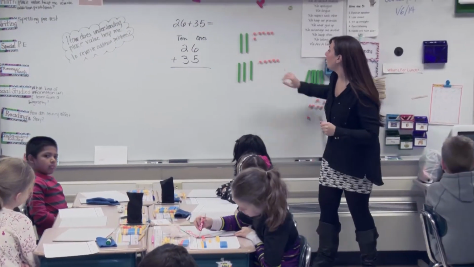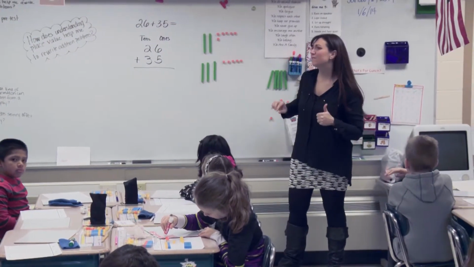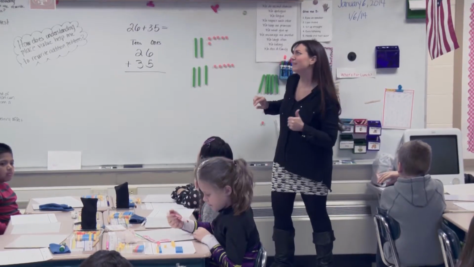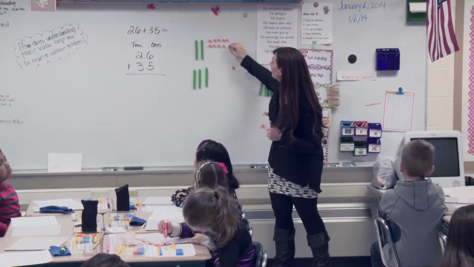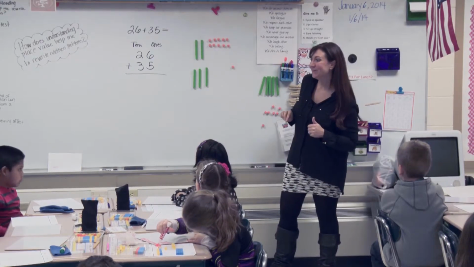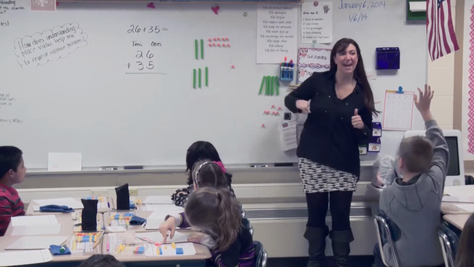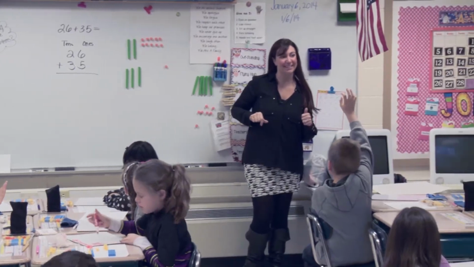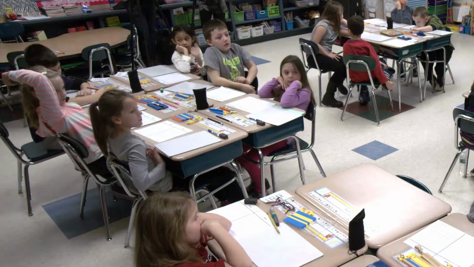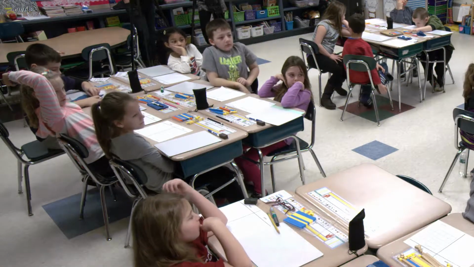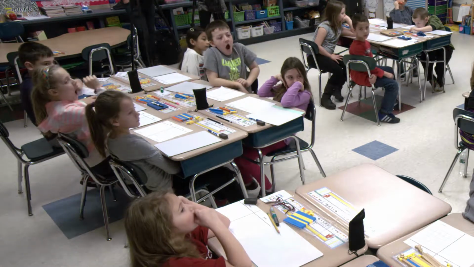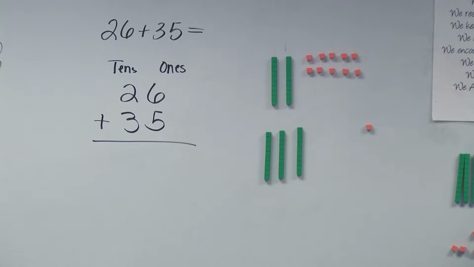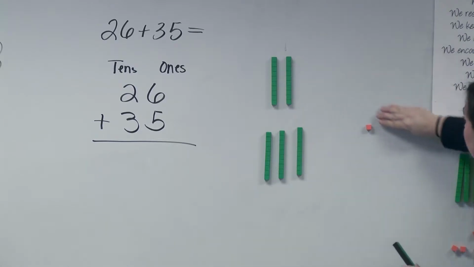6 ones plus 5 ones. Well, 6 plus 5 is 11. So I made a 10. What do I need to do now with these 10 ones? Alexis? I need to make that exchange and trade these 10 ones for 1 10.